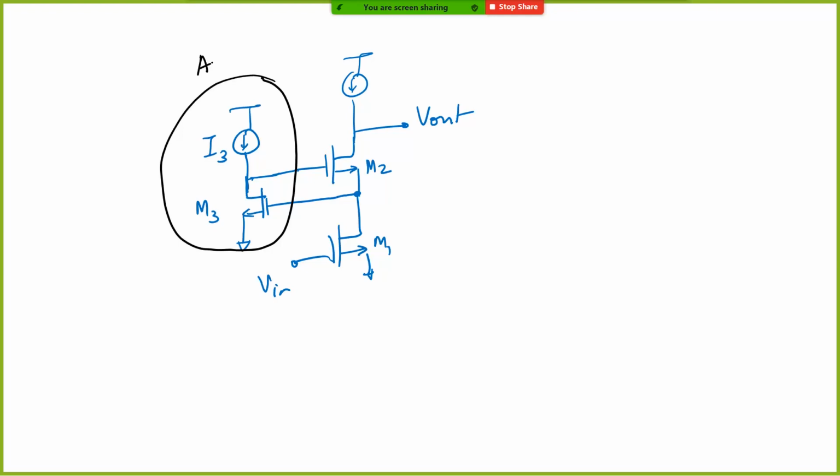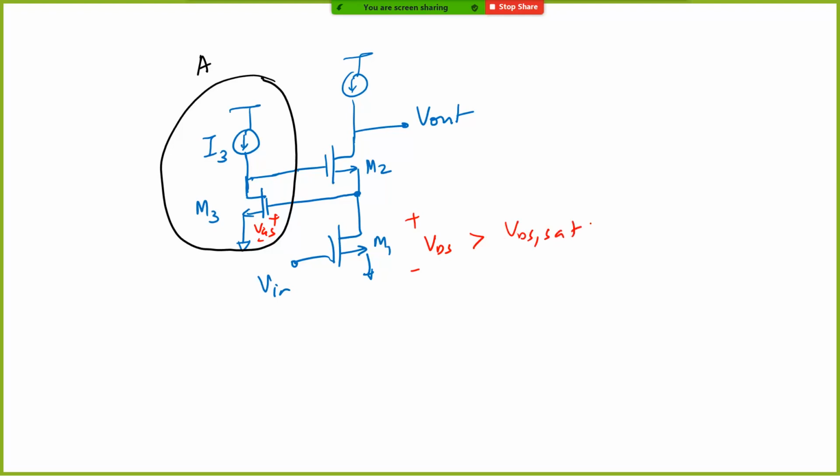Now there is one small problem here, because we are using an NMOS transistor as our gain stage. The M3 is an NMOS transistor, so it needs what? At least a VGS here. VGS, for example, in a 1.2 volt supply should be at least around 0.3, 0.35, around 0.4, something like that. But what is the voltage typically around here? This is basically VDS, which just needs to be a little greater than VDS SAT.